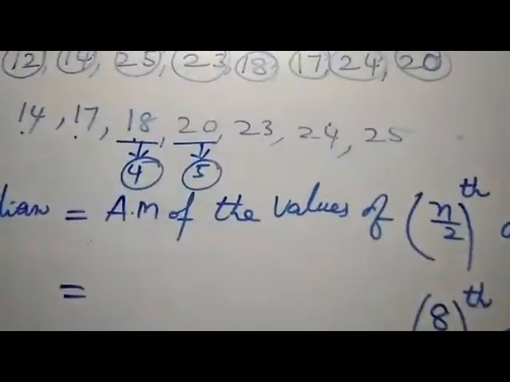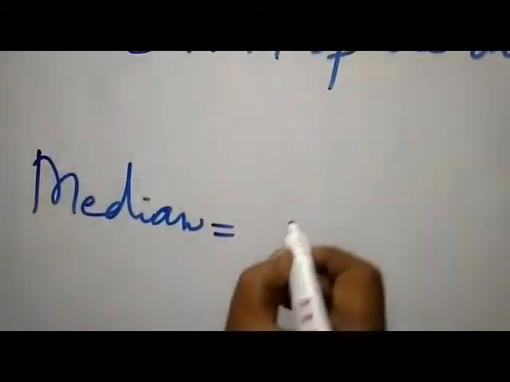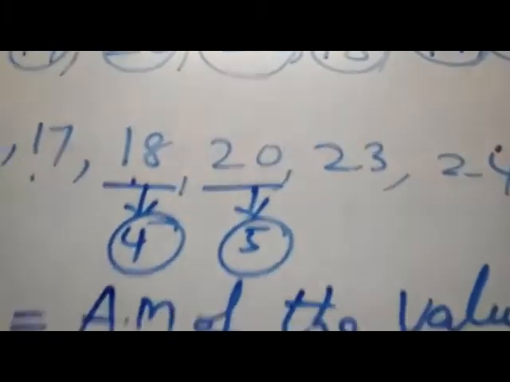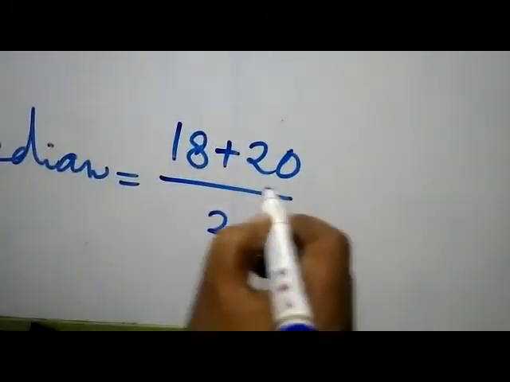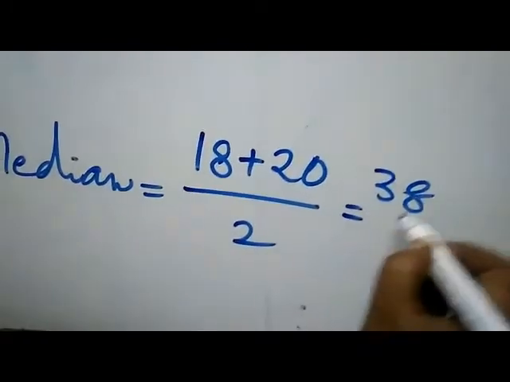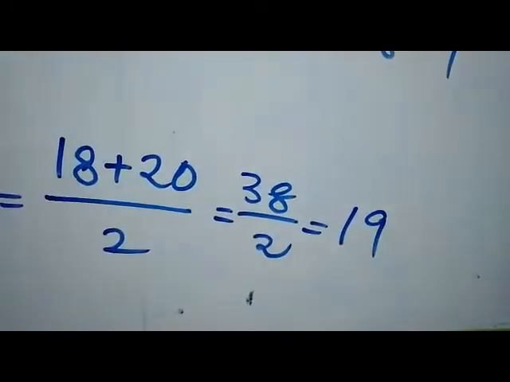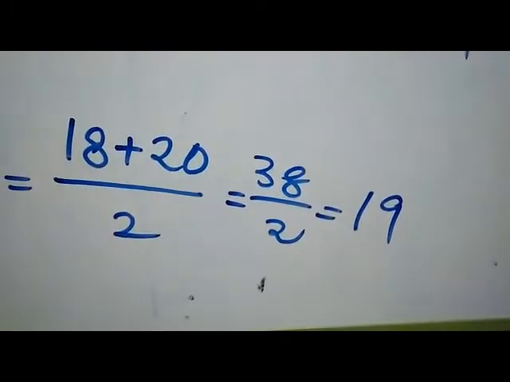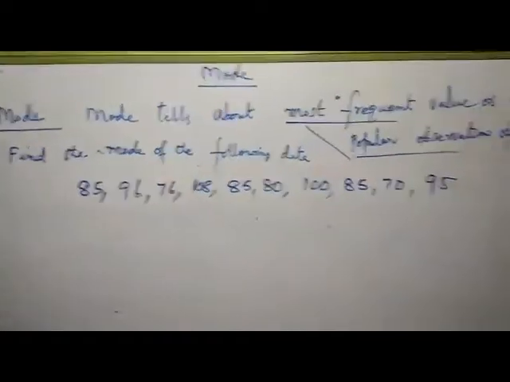Therefore, median is the arithmetic mean, the average, of 18 plus 20 by 2. That is 38 by 2, which is equal to 19. 19 is the median.